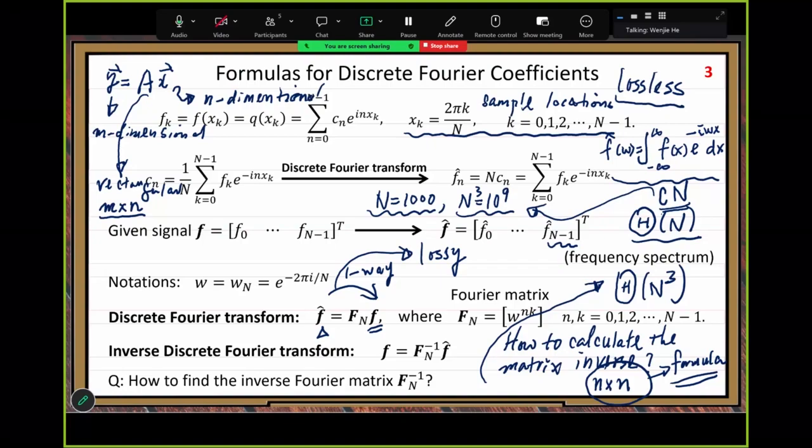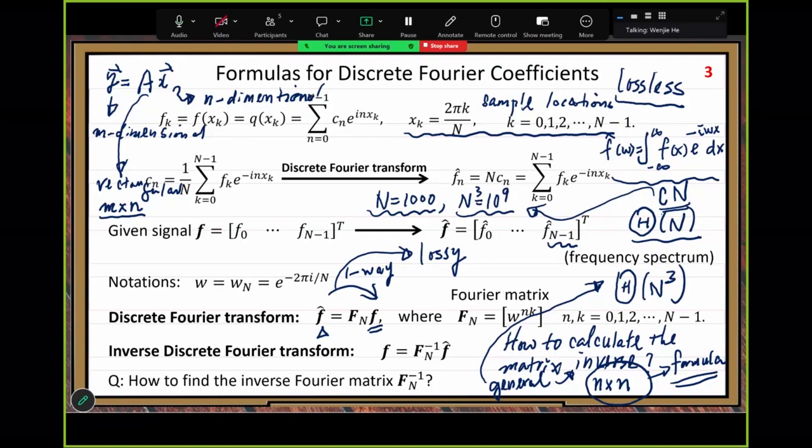But that is for the general matrix inverse. That's slow for a general matrix inverse, not for a special one.